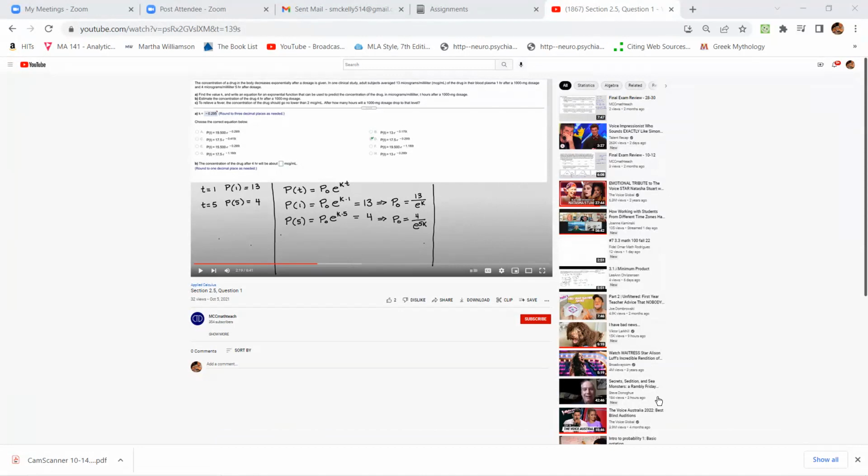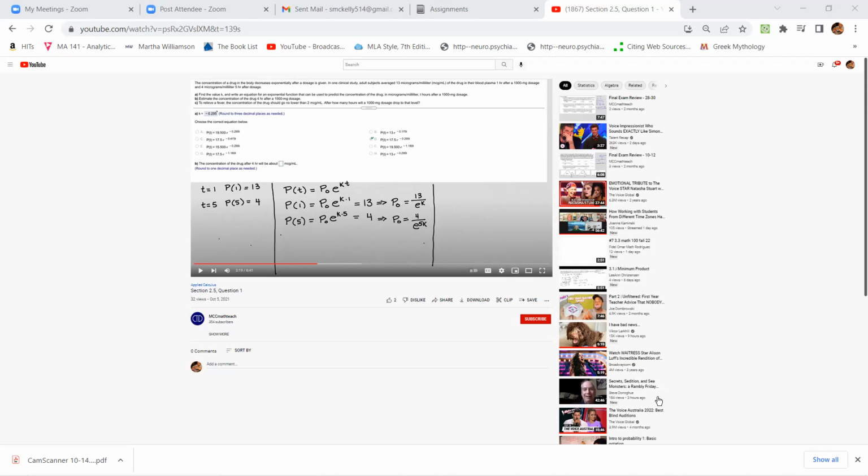She's using P sub 0. She just moved this negative exponent to the bottom to make it positive. That's all she did. So you have a 15 and an e to the k and a 2 and an e to the 7k.